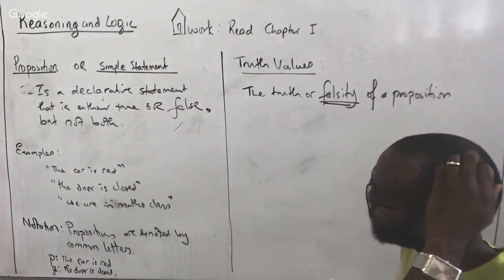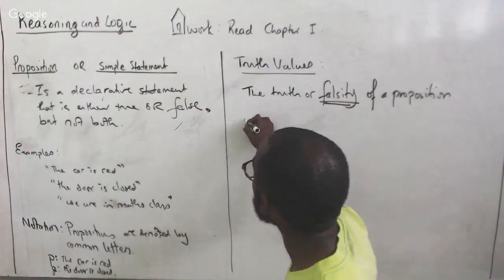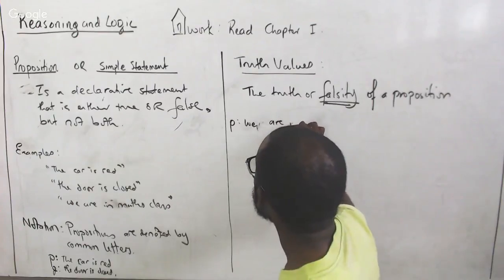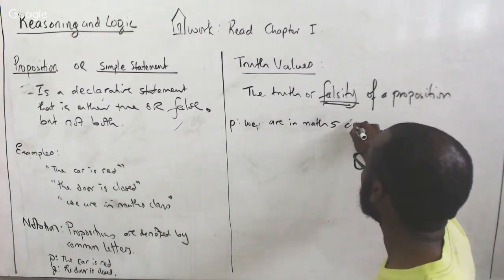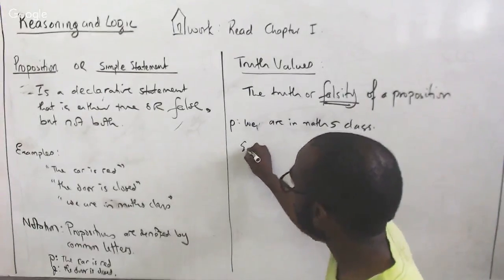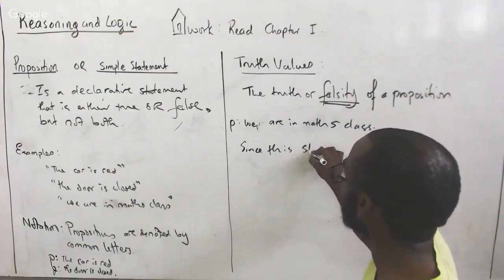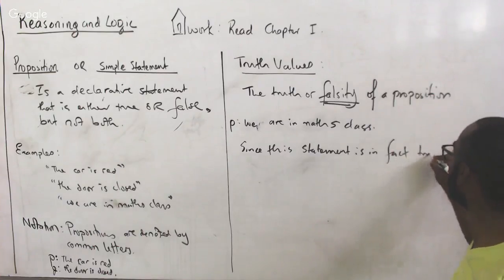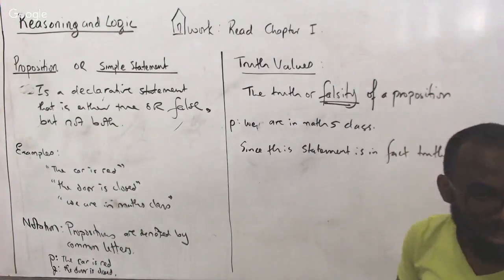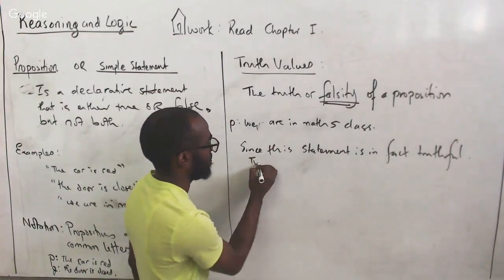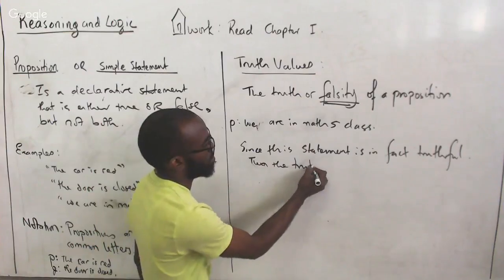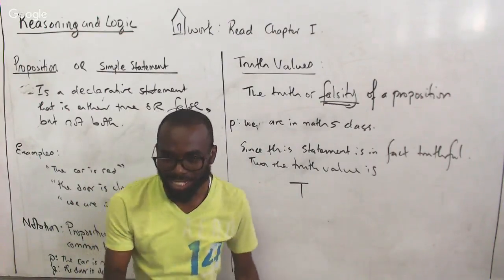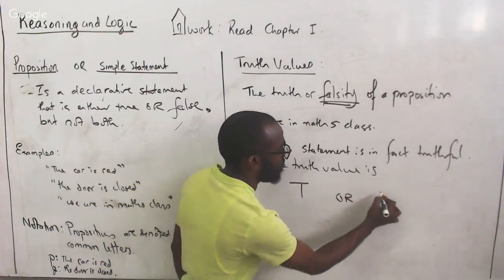The truth or falsity of its proposition. Of course, I have to explain what we mean by that, right? So, in our example, let's say P. We can say we are in maths class. Now, since this statement is in fact truthful, then the truth value is capital T, or T for true, or 1.